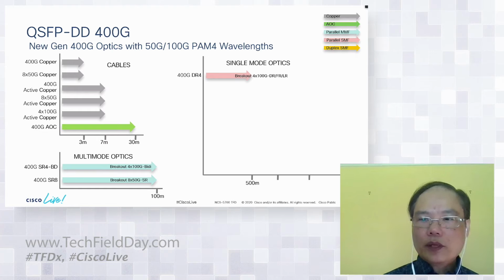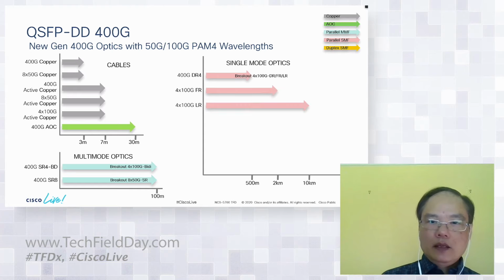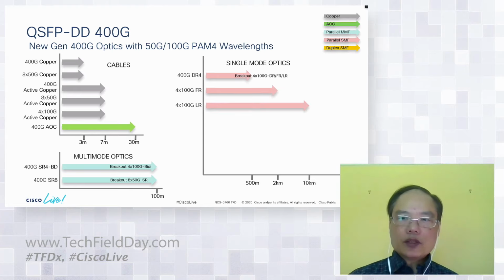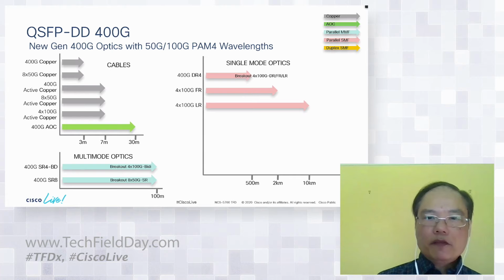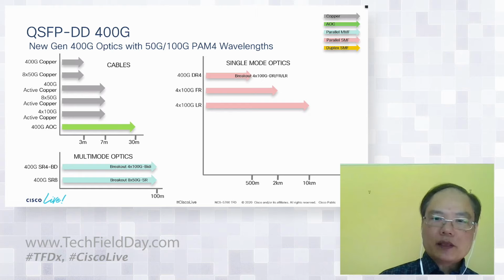Please note, this breakout requires 100 gig wavelength optics on the other end. If you do break out to longer distances, there are the 4 by 100 gig FR and 4 by 100 gig LR for 2 kilometers and 10 kilometers respectively. And these optics are designed for breakout applications.